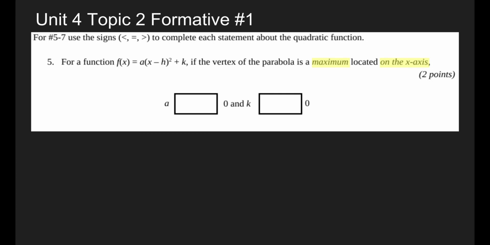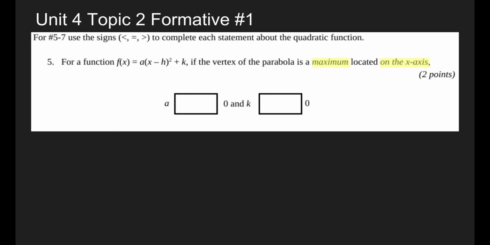And that's really important because what we're really trying to gauge is, do they understand what these transformational scalars and constants do? So for the first one, number 5, we're given a function in vertex form, and we're asked if the vertex of the parabola is a maximum and located on the x-axis, what are the relative values of a and k to 0?